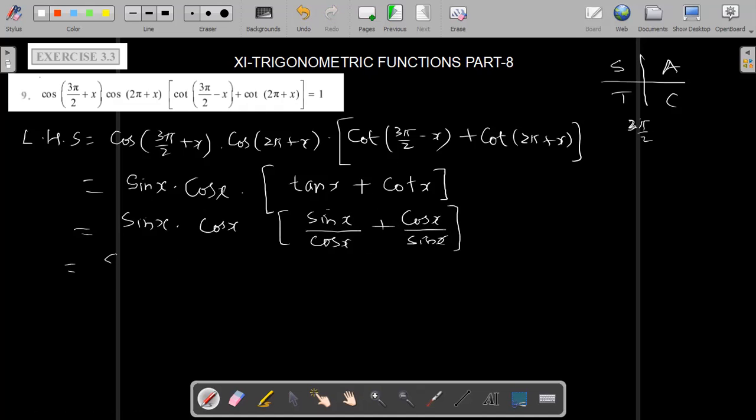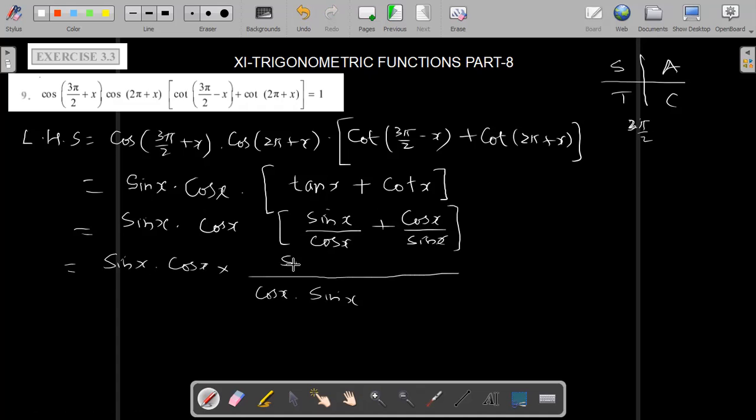Taking LCM, sine x into cos x, this will become sine x cos x or cos x sine x, same thing.